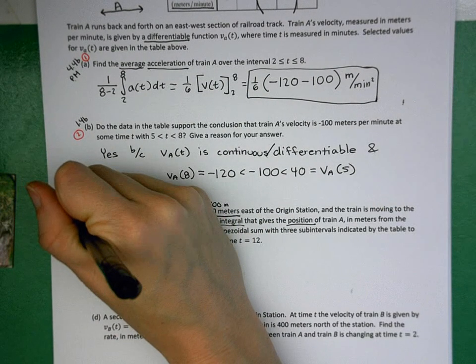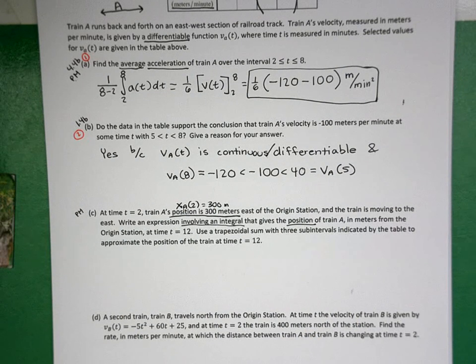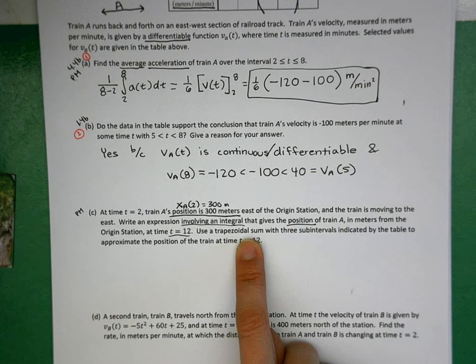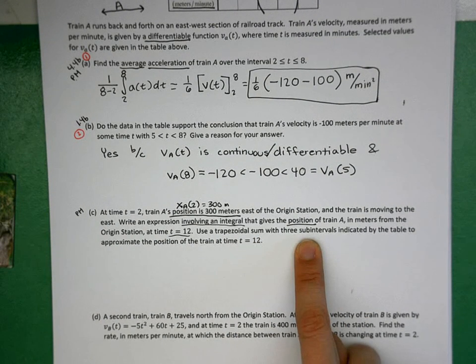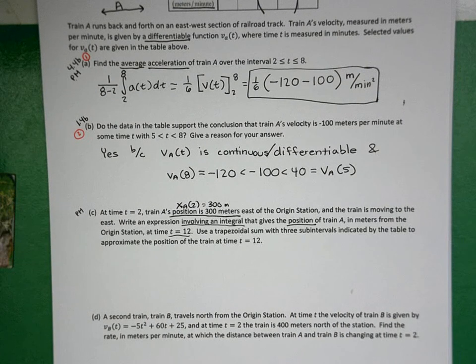An expression that involves an integral that gives a position is the desired position formula. And then at time t equals 12, we're going to use that expression with a trapezoidal sum with 3 subintervals indicated by the table to approximate the position of the train at time t equals 12. Okay, so let's go ahead and start with our expression here.